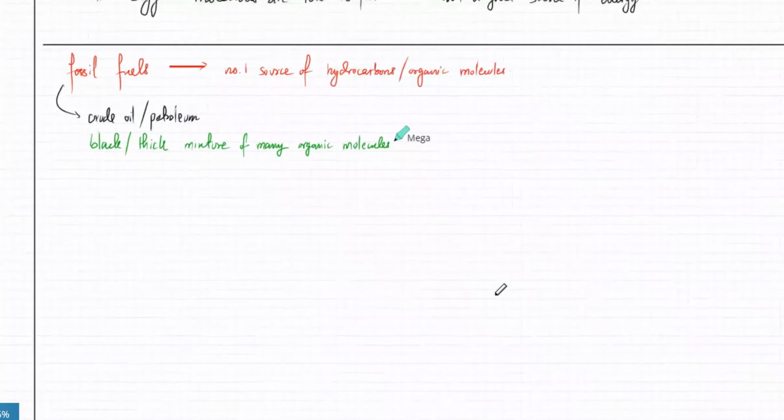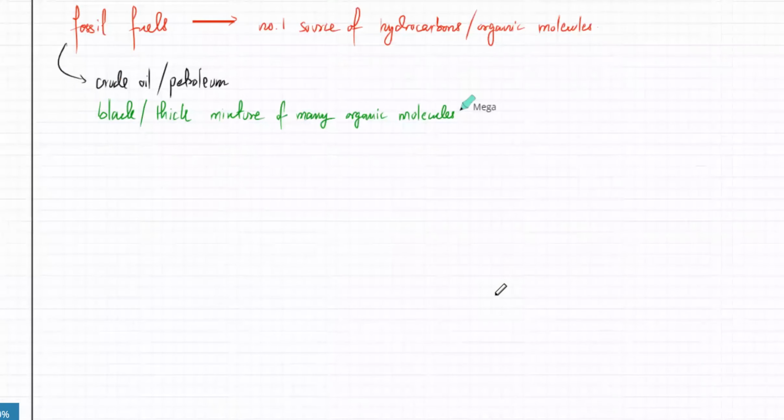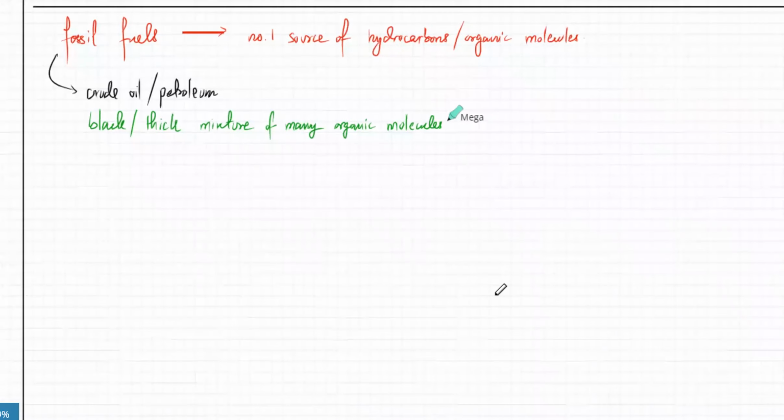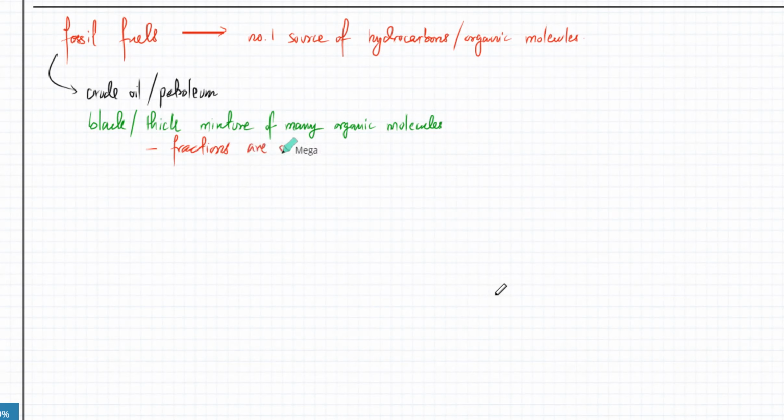So one thing that is done initially is that the mixture is separated. The different fractions of crude oil are separated by fractional distillation. The fractions or components in crude oil, that black substance, is made up of many organic molecules. So the fractions are separated via fractional distillation.